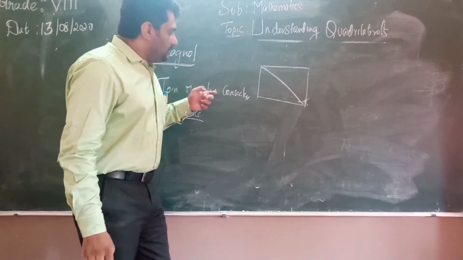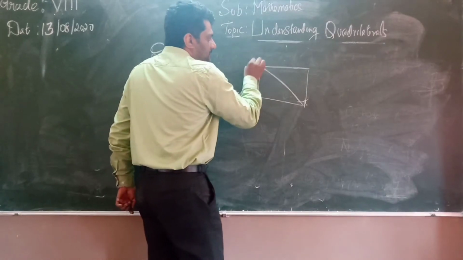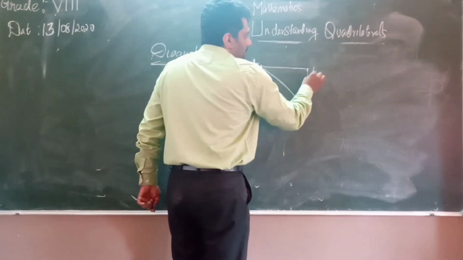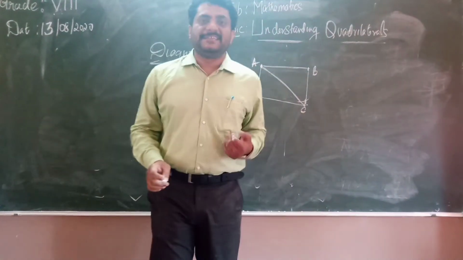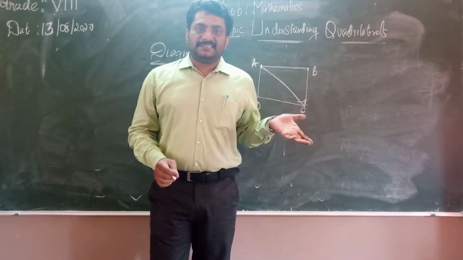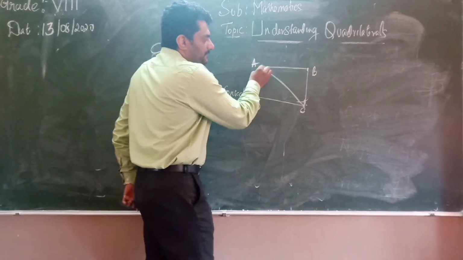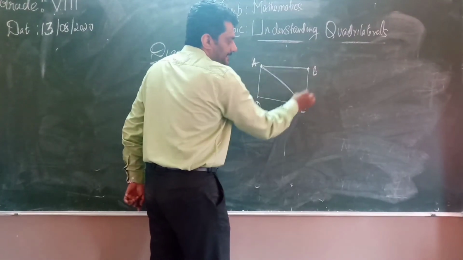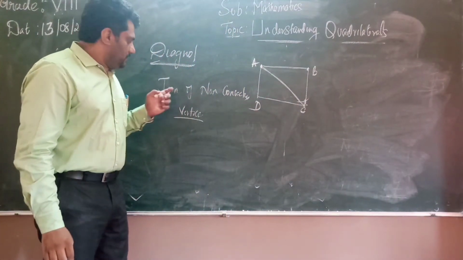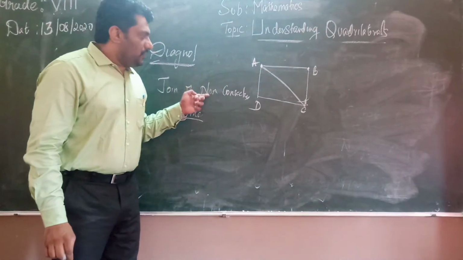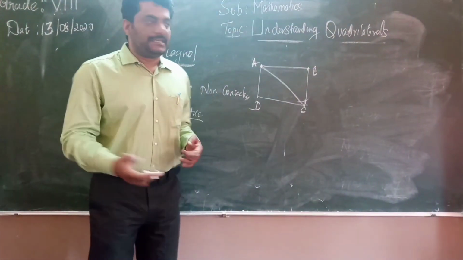Joining of non-consecutive vertices. That means this is one vertex, A, B, C, D. Now what is a vertex and vertices? Vertex is singular, vertices is plural. Now this is one vertex, this is the second, this is the third, this is the fourth. As per the definition, joining of non-consecutive means it is not consecutive.